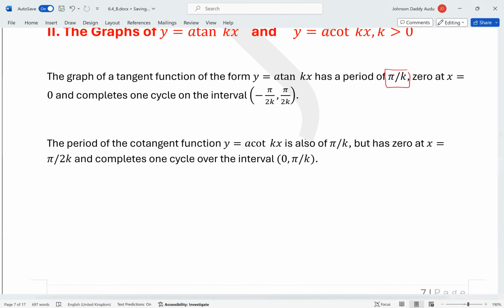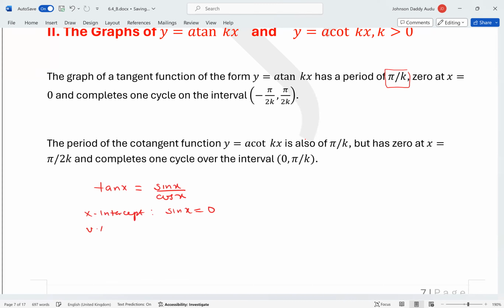We know that tan x is nothing but sine x over cosine x, right? So it means it's going to have two things. It's going to have x-intercepts. And what will be the x-intercepts? The x-intercepts will be the zeros of the numerator. You can get them from sine x equals 0.